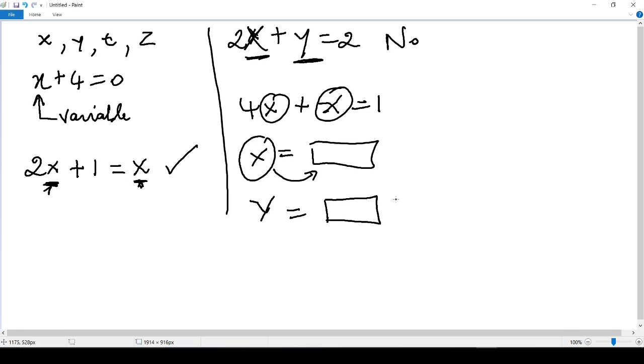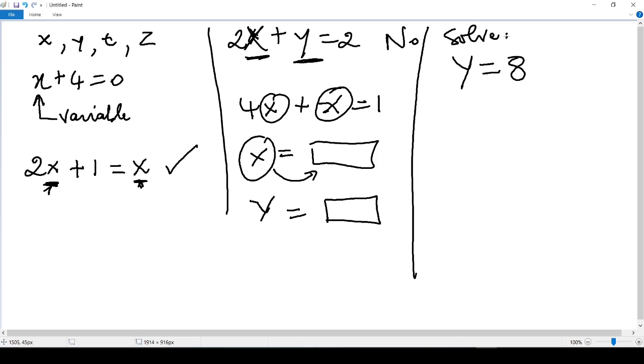So let's say we want to solve y equal 8. The question says, find the value of y.